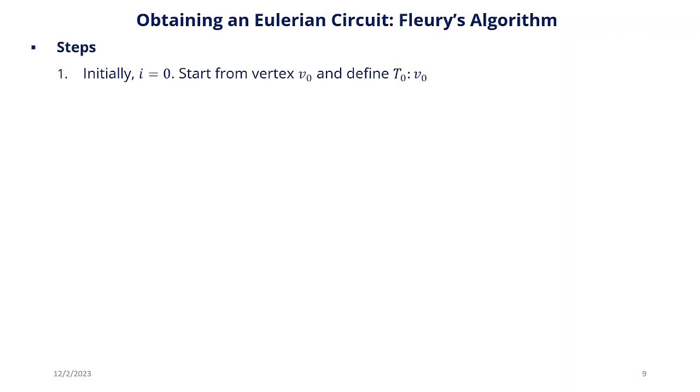Number 1. Initially we set i equal to 0, and then we start from a particular vertex in the graph, we call it V0, and we define a trail that has V0 as the first item.